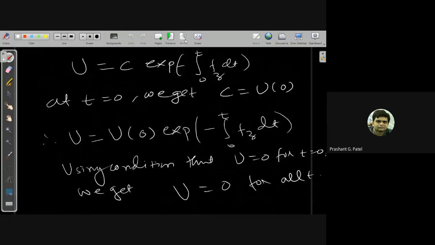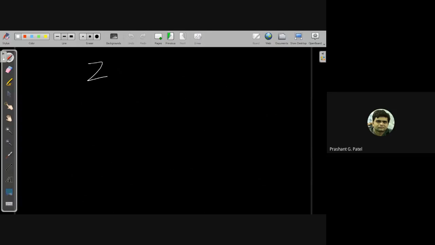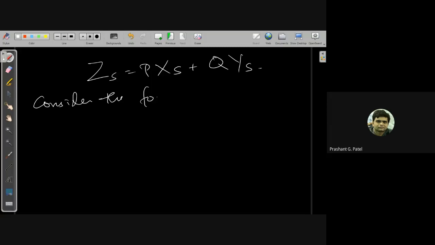So therefore we have zs equal to p xs plus q ys. And consider the four equations.